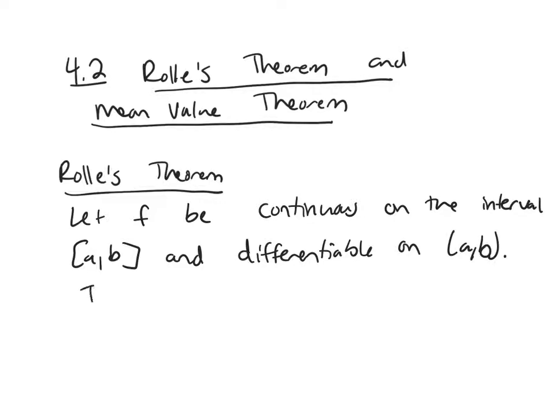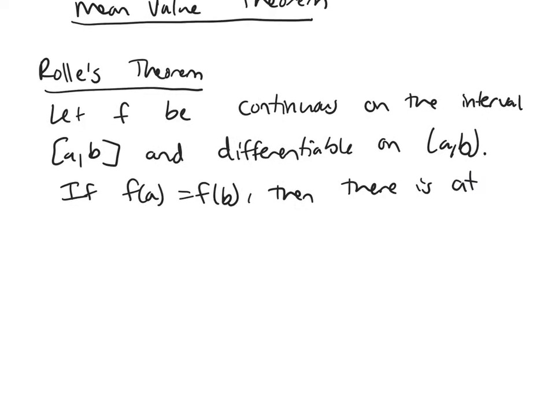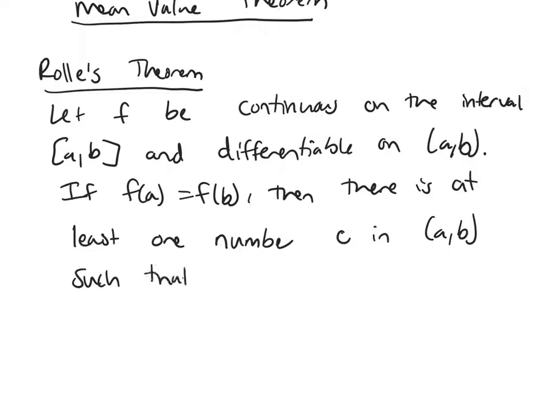It says if f of a equals f of b, then there is at least one number c in the interval a to b such that f prime of c equals 0.